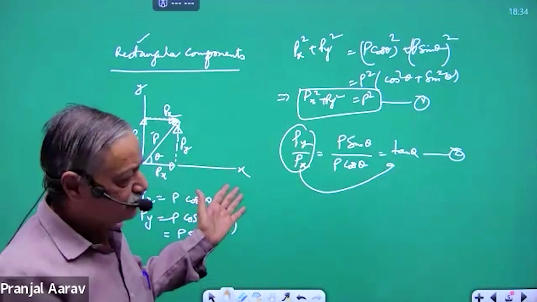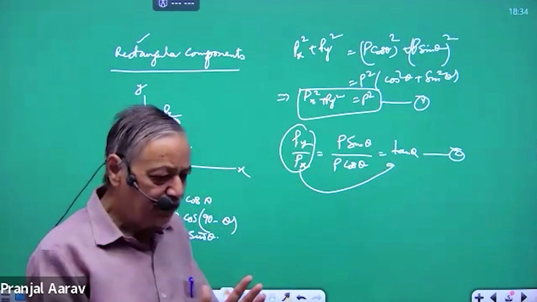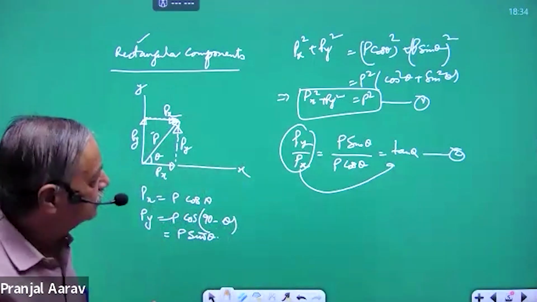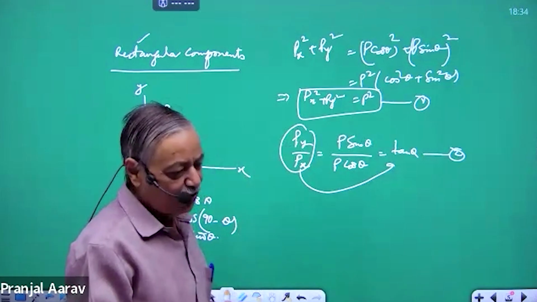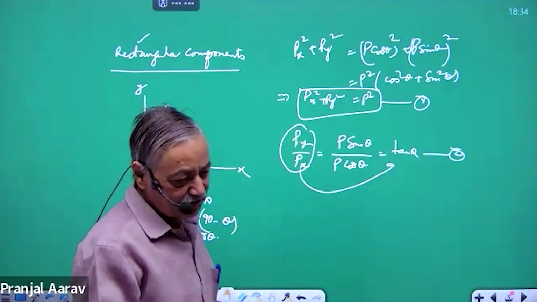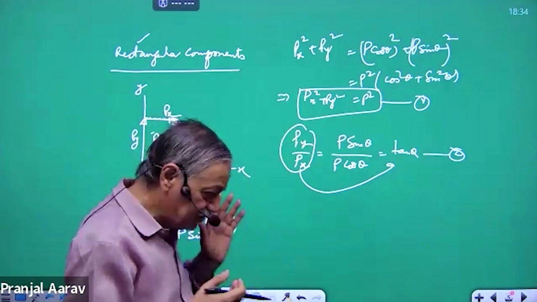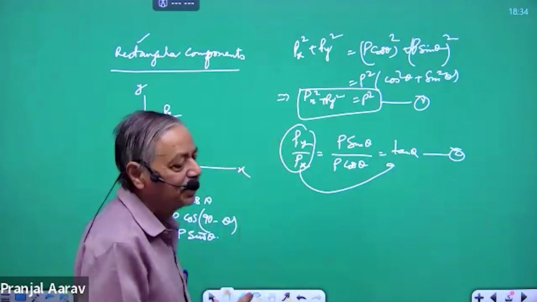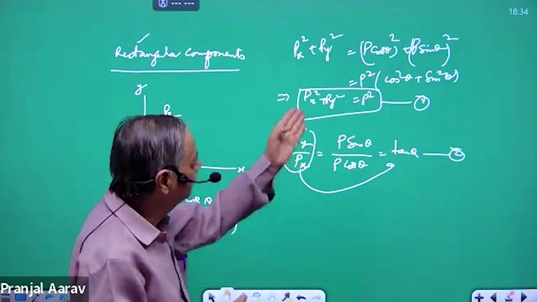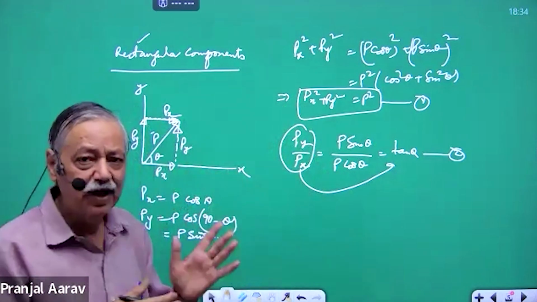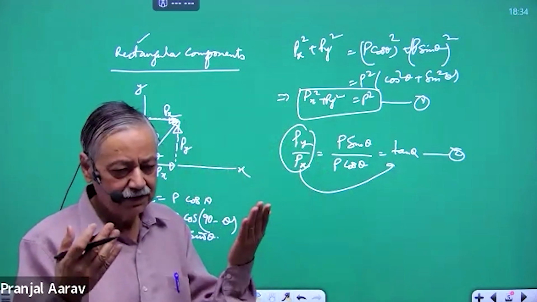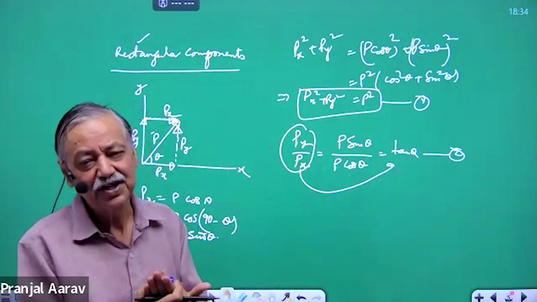I told you in last class, whenever you say that there is a formula, this is a formula and this is also a formula. And I told you, formula is not sufficient. You should know under which condition this formula can be applied. Can we apply this always? No. We can apply this formula when rectangular components are taken.